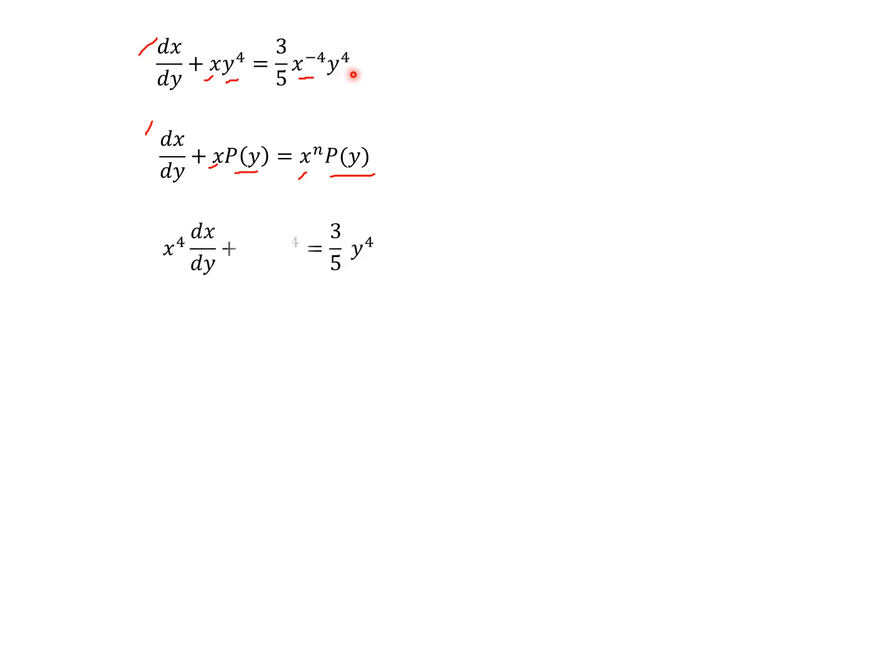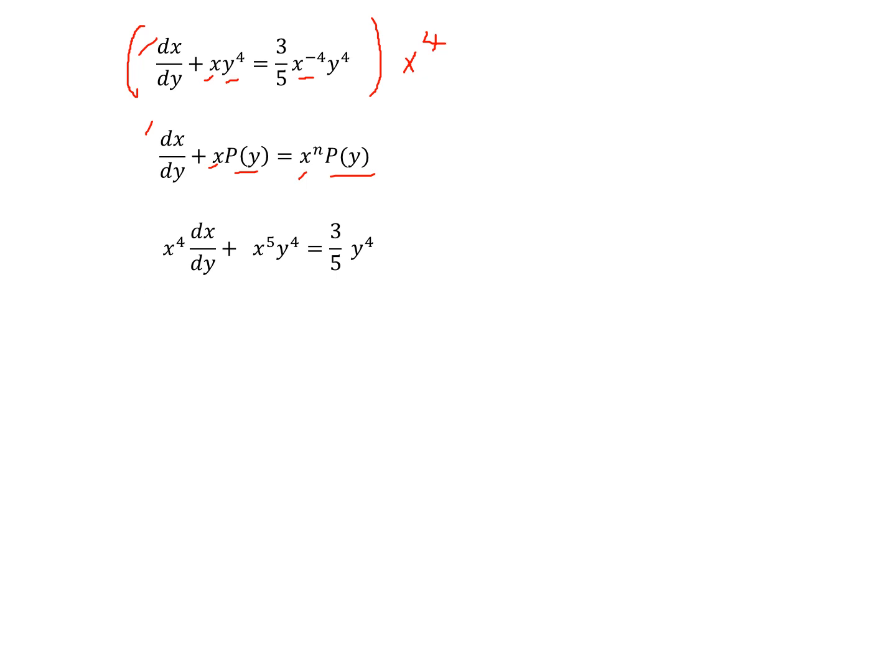So what we have to do is, to get rid of the x to the negative 4th there, multiply this by x to the 4th. Once you do so, you will have x to the 4th dx/dy plus x times x to the 4th is x to the 5 y to the 4th is equal to 3 over 5 y to the 4th.